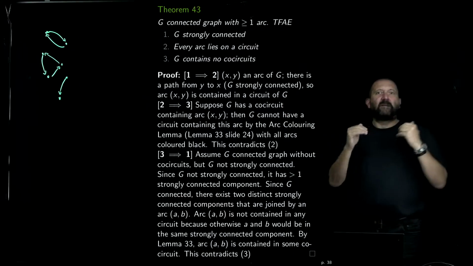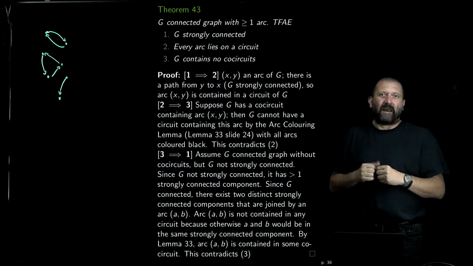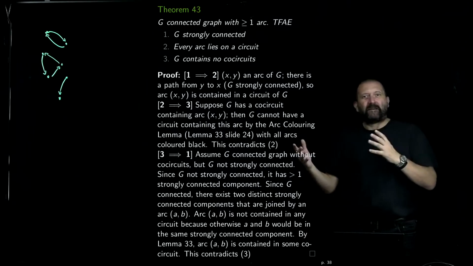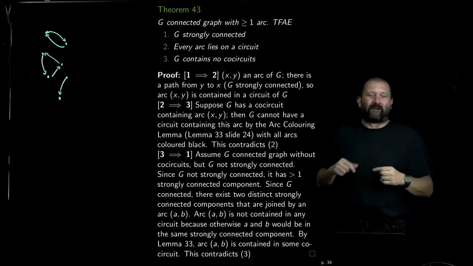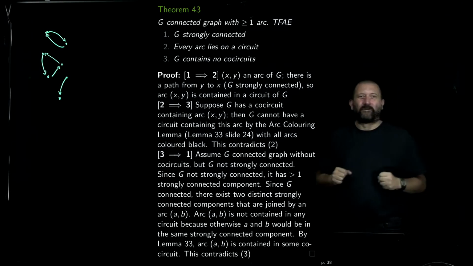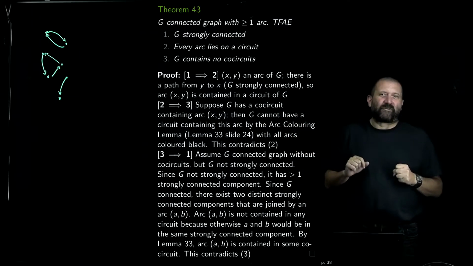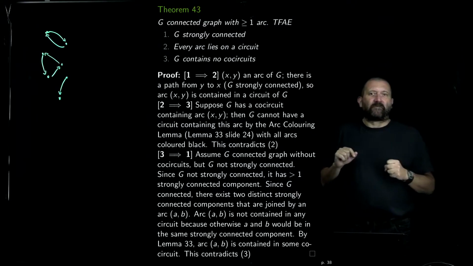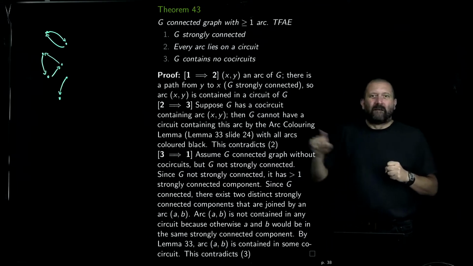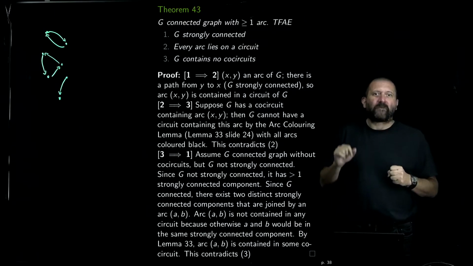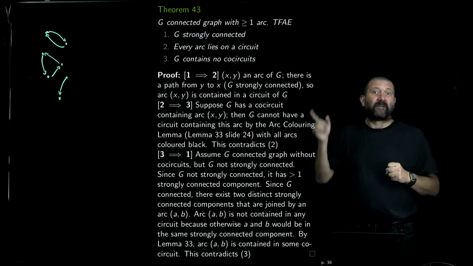Now suppose that every arc lies on a circuit, and we want to show that there are no co-circuits. Again, what we're going to do is go the other way around, as we did the previous time. Suppose that I have a co-circuit that contains an arc XY. Then, by that coloring lemma that we saw, the graph cannot contain a circuit that contains this arc.